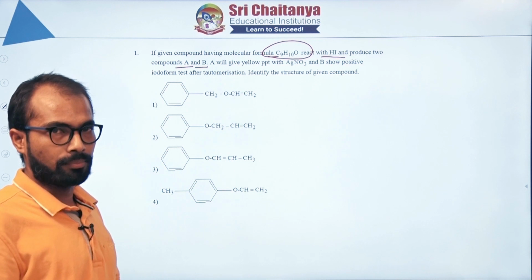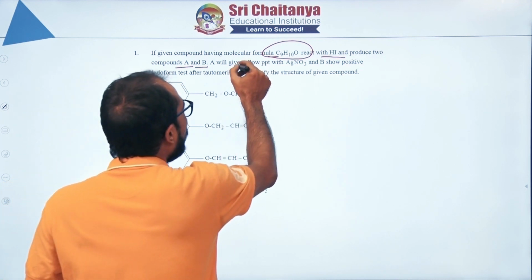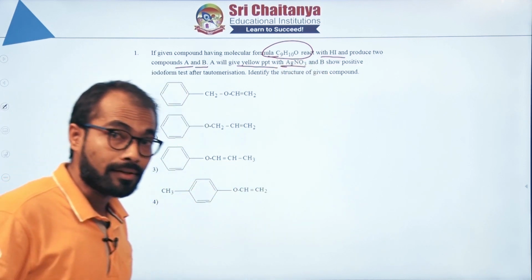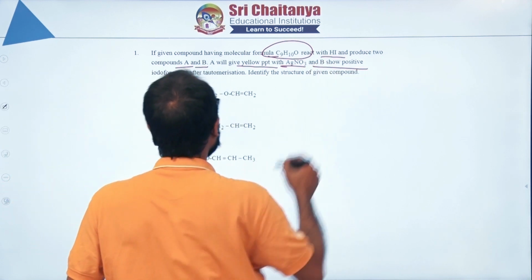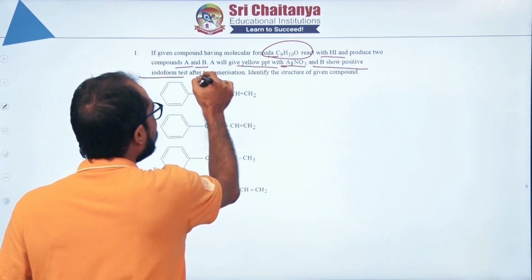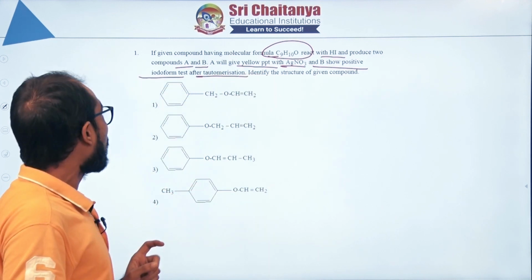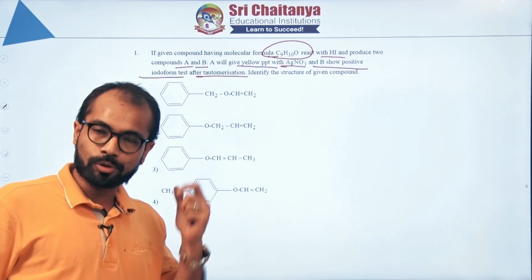Tests are very important. Please go through the tests again and again. Now, A is going to give you a yellow PPT with AgNO3, that means it has to be a halide, and B shows a positive iodoform test after tautomerization. So, tautomerization is also required. Now, for the iodoform test, what is required has to be kept in mind.